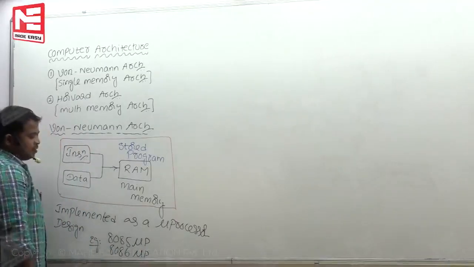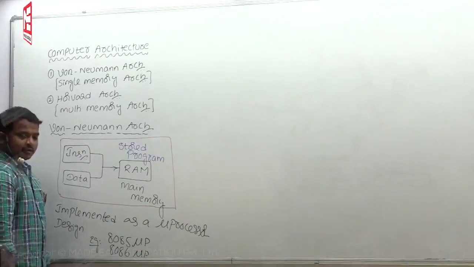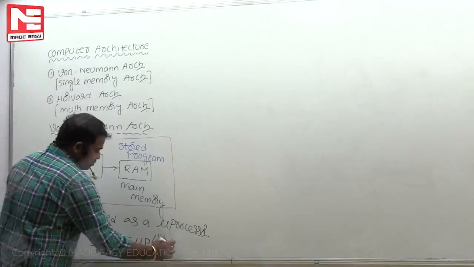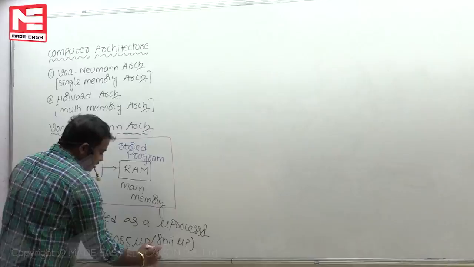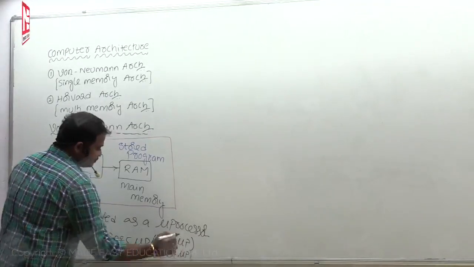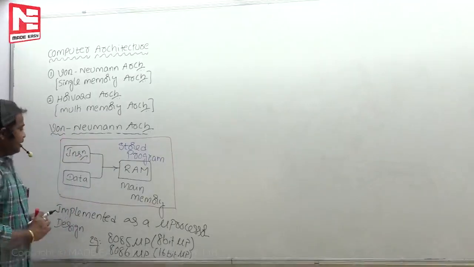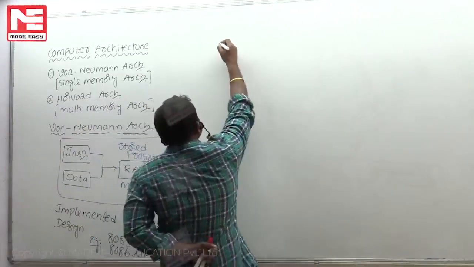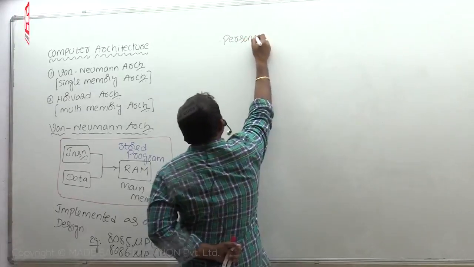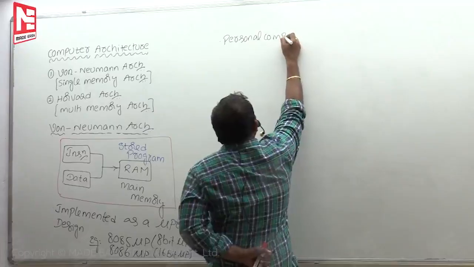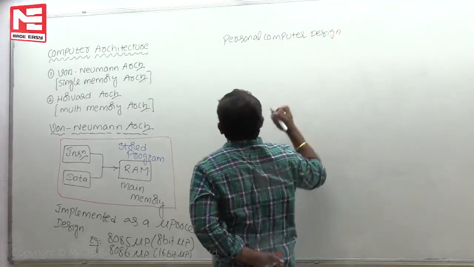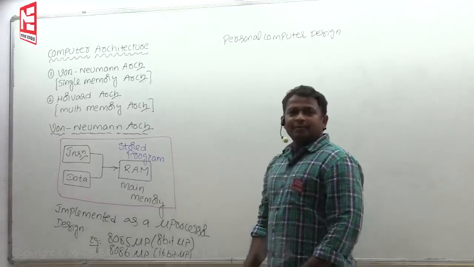So the sample CPUs used in the syllabus are 8085 and 8086. 8085 is an 8-bit microprocessor. 8086 is a 16-bit microprocessor. Clear? Fine. And next, this microprocessor is used in the personal computer design. So personal computer is an example of the von Neumann machine.